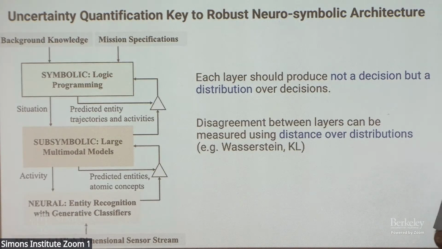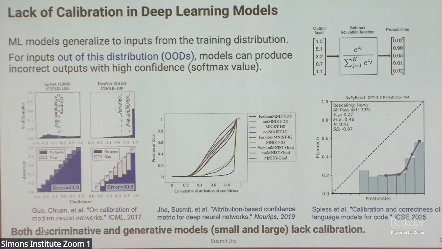There are a plethora of methods to compute that: KL divergence, Wasserstein distance. They all have their advantages. I'm sure somebody here in the room can give a 6-hour lecture on that. We have tried many of these, and depending upon the circumstances and what kind of modality you are in, one of these will work better. But the key thing for us to be able to implement what I described is that each of these layers has a good way to quantify uncertainty.